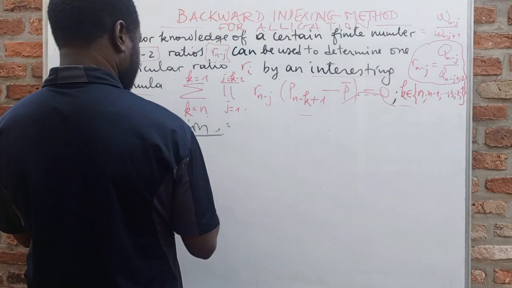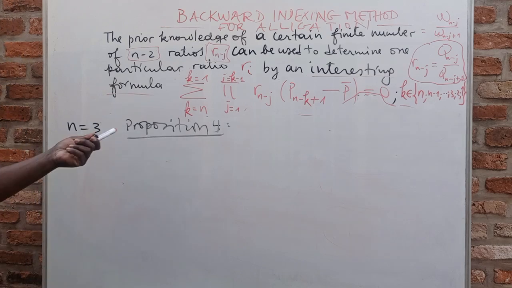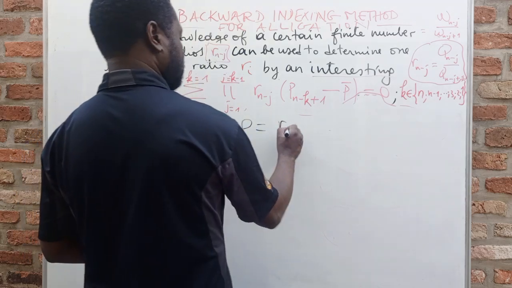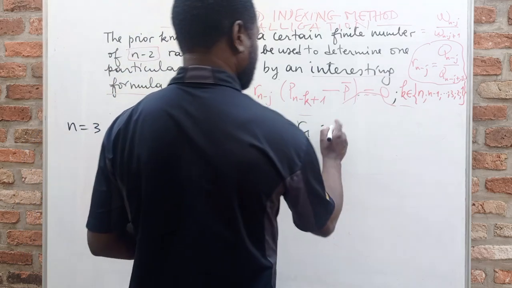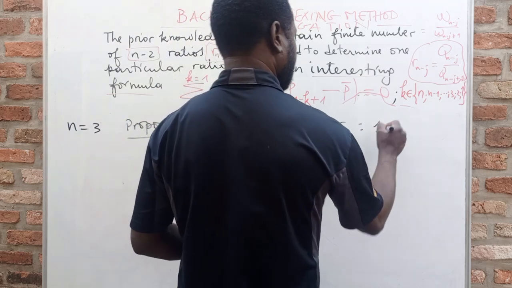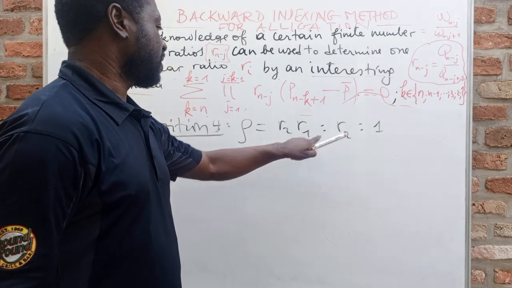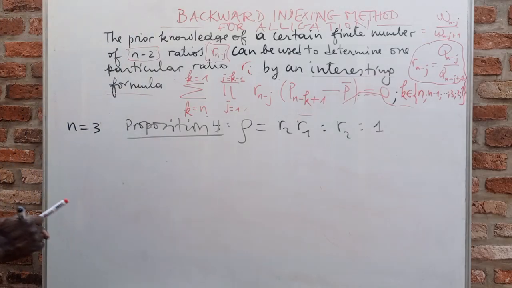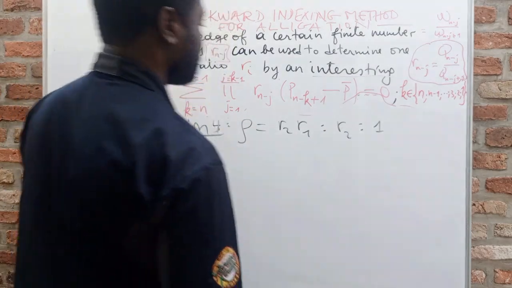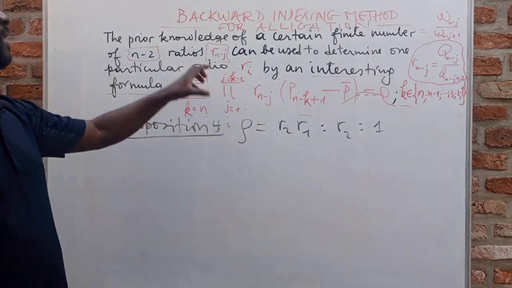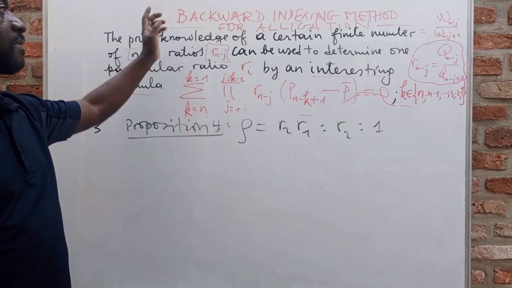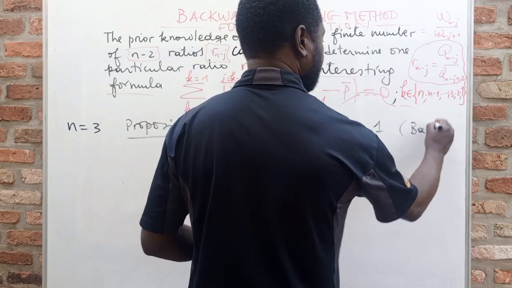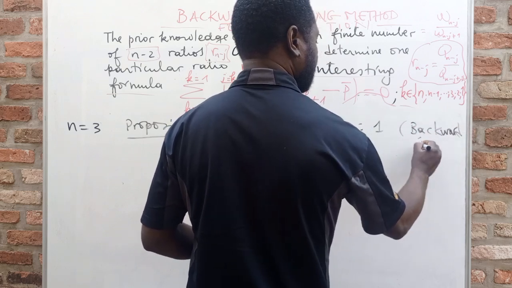Equivalently to the previous proposition 3, we have proposition 4, which will look like r2 r1 divided by r2 r1, that is, r2 times r1 per r sub 2 per 1. Okay, this is how the ratio will be formulated in the case of the backward indexing method for alligation. Remember that this is for backward indexing.